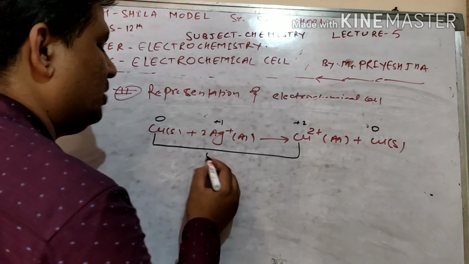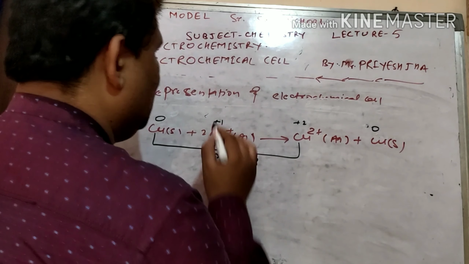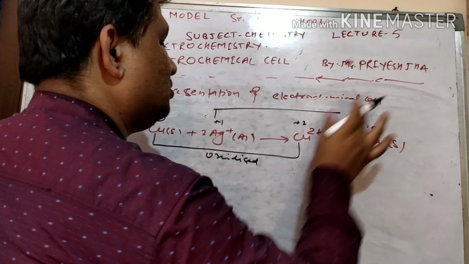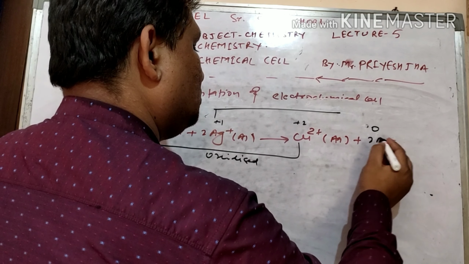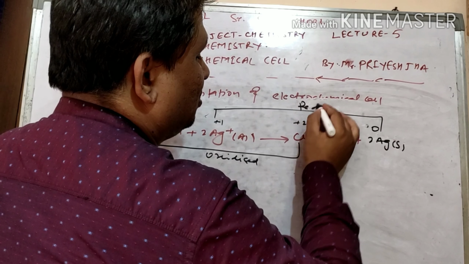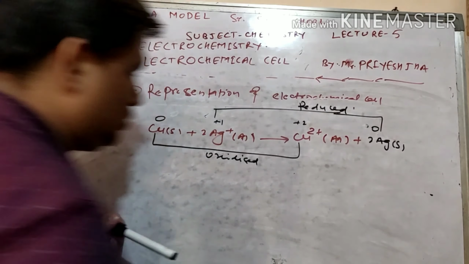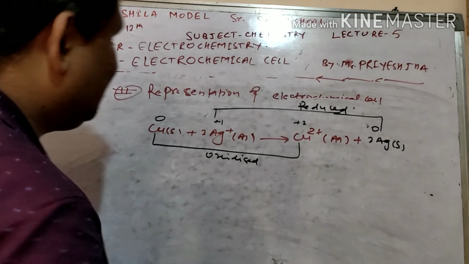So here copper is oxidized and silver is reduced. So first of all we will write the oxidized form.